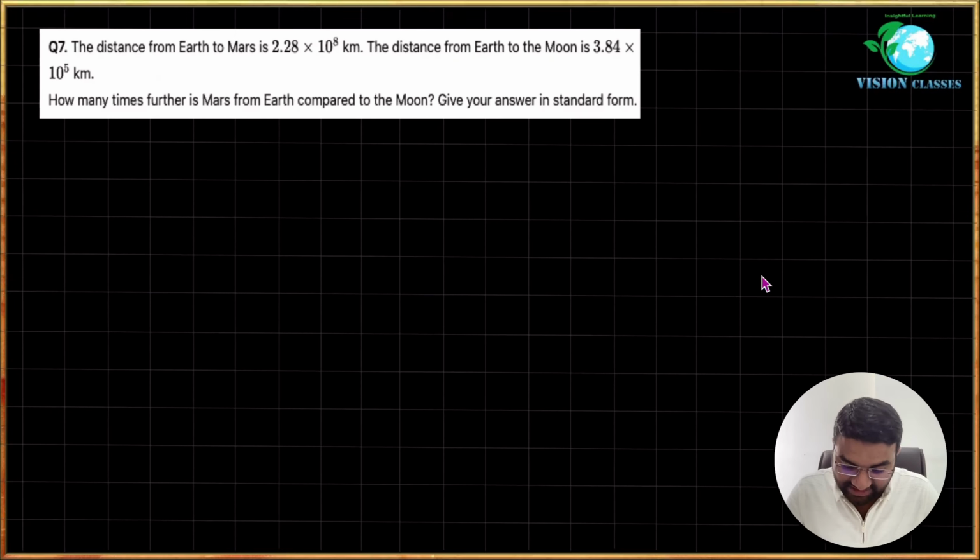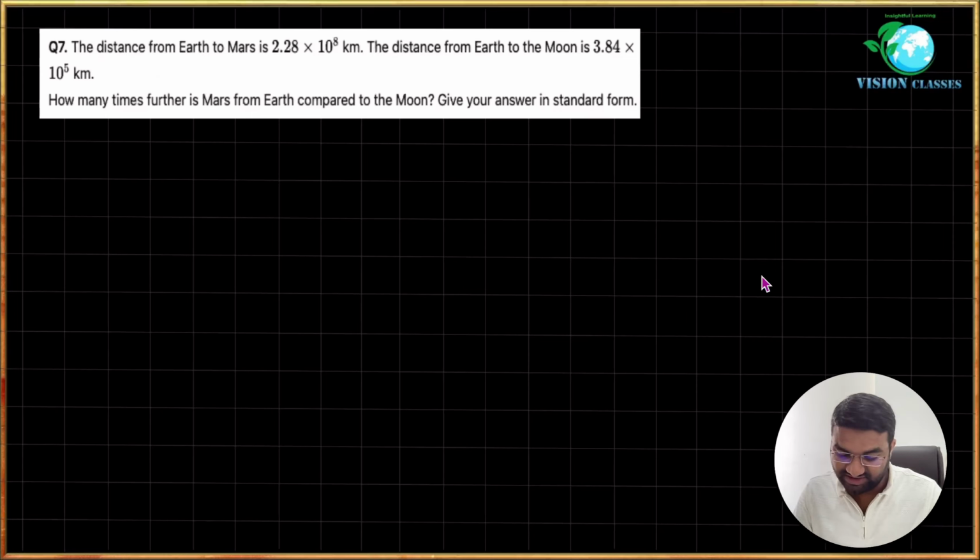Then next, the distance from the Earth to Mars is 2.28 times 10 to the power of 8 kilometer. The distance from the Earth to Moon is 3.84 times 10 to the power of 5 kilometer. How many times further is Mars from the Earth compared to Moon? Give your answer in the standard form.